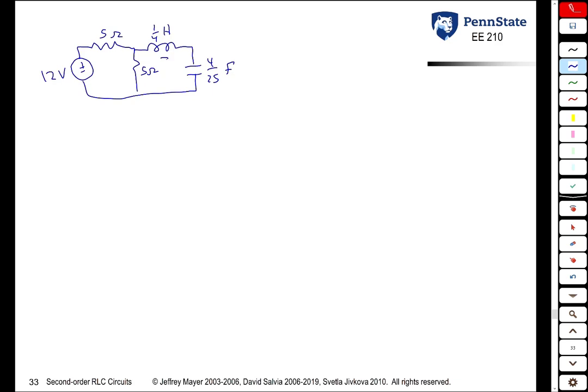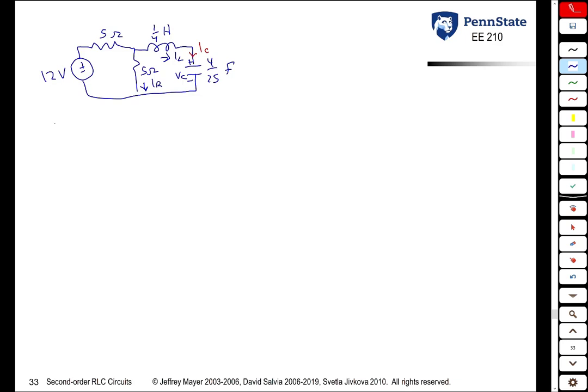Where IL was defined as that current, IR was defined as that current, VC was defined as that voltage, so IC would be defined as that current using the passive sign convention.